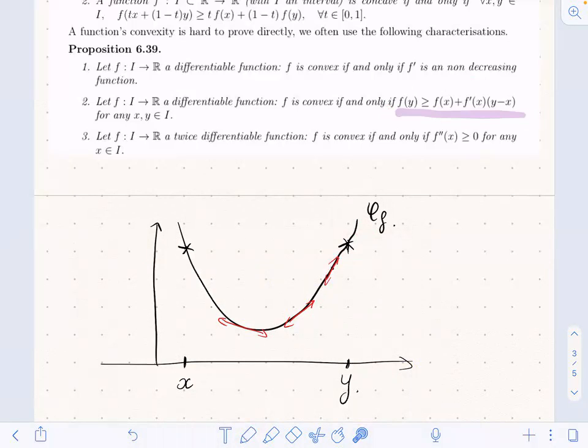So x squared, for example, is convex. X to the power 4 is convex as well. The exponential function is convex. A lot of the functions that you know have convexity properties.